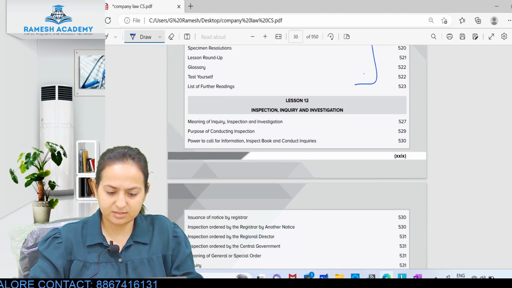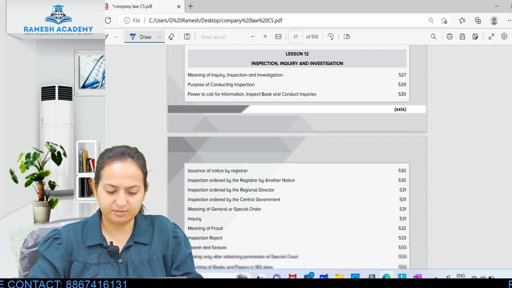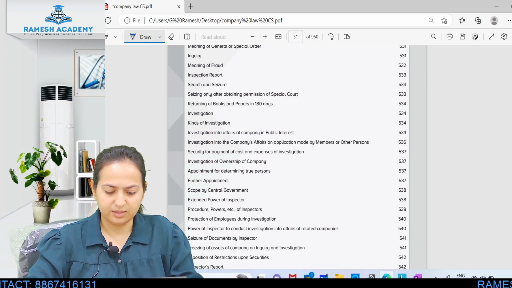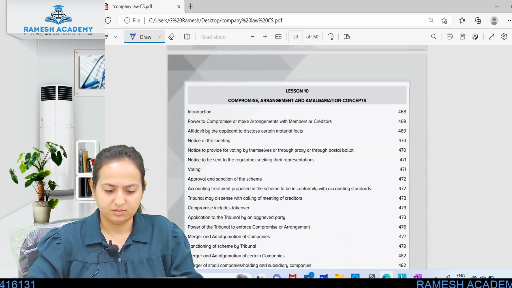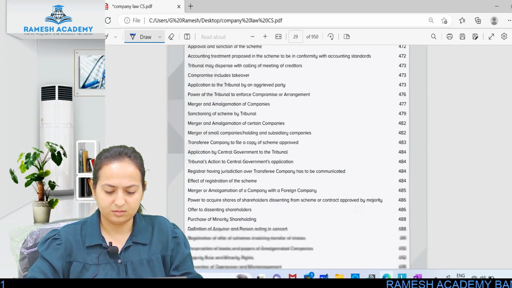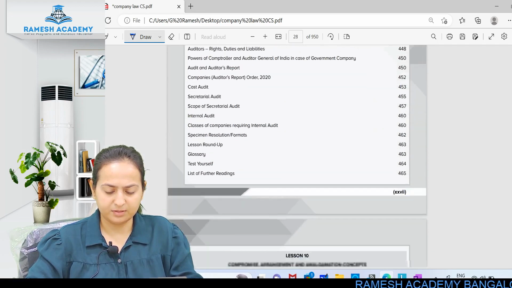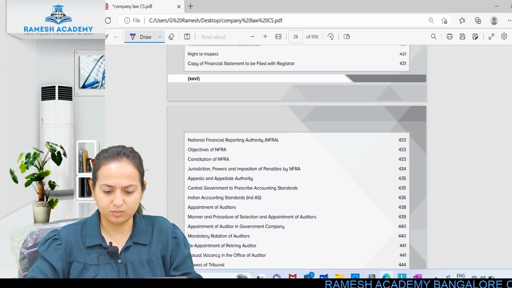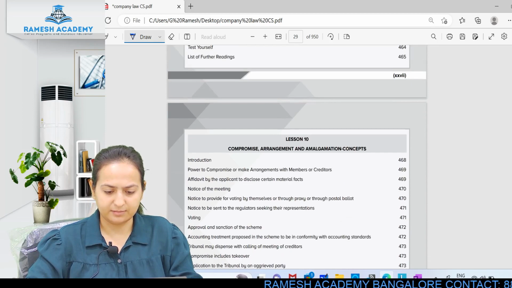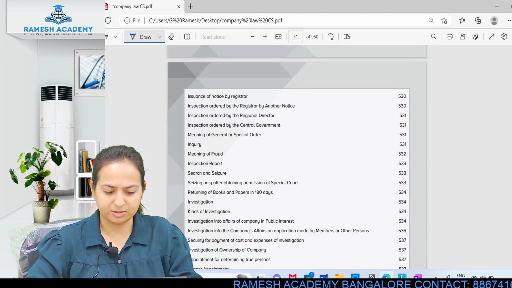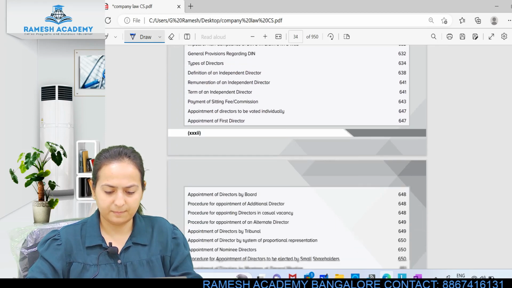We can deal with the 11th chapter first, then start with the 12th chapter. Two chapters we'll study and then we'll come to lesson number 9, accounts and audits, and 10, compromise and amalgamation.